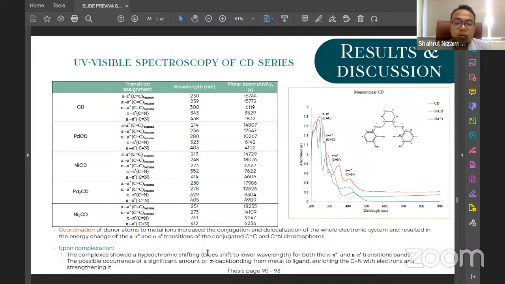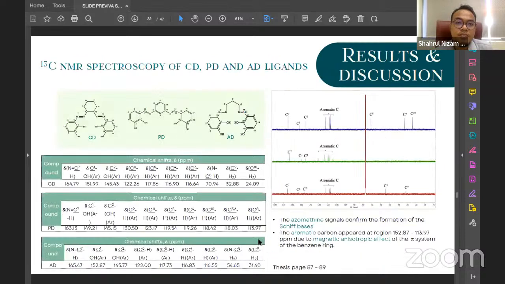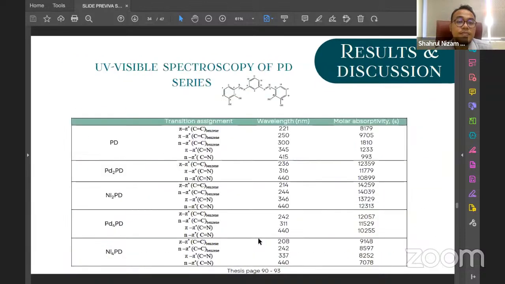If it goes to higher wavelength, we call it red shift. Red shift means longer wavelength, blue shift means lower wavelength. So that's what we notice in the UV-Vis.